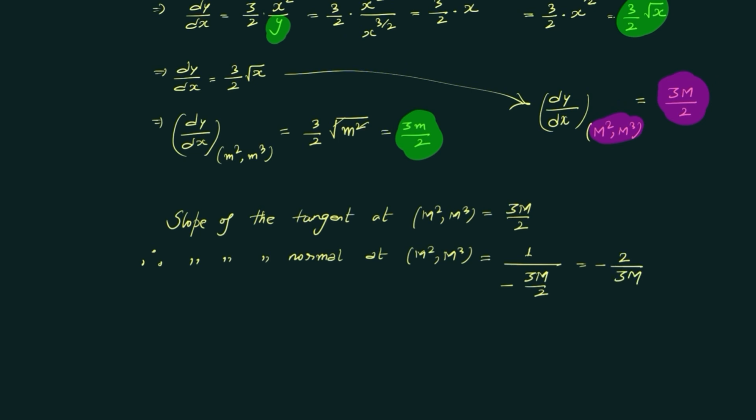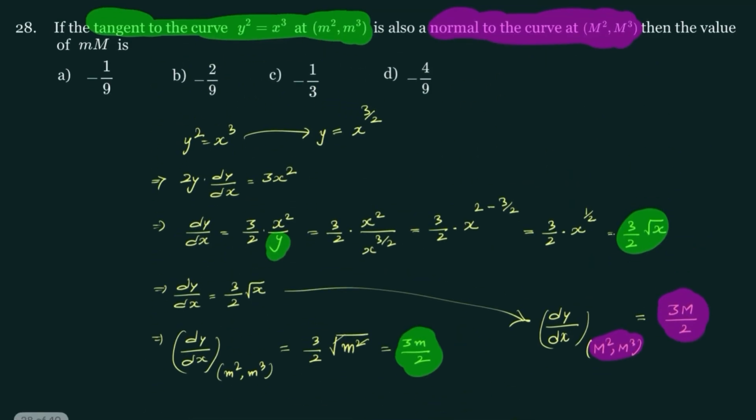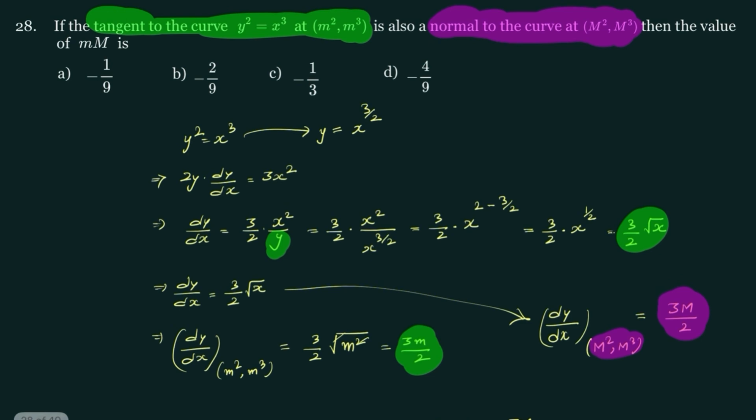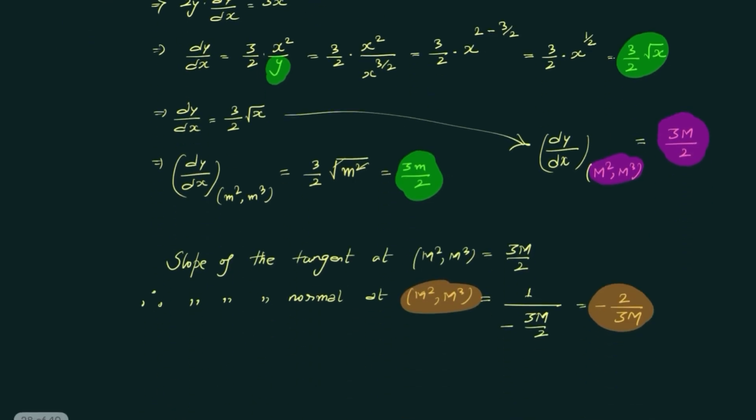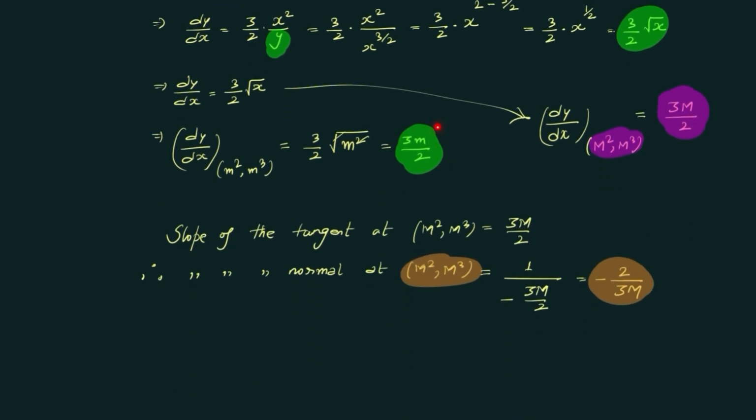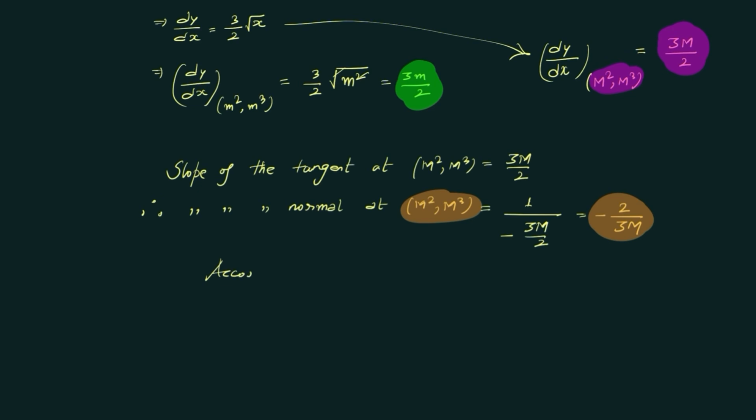Now see, this is the slope of the normal at this point, and the question is saying that the normal and the tangent at (m squared, m cubed) are the same. That means the value 3m by 2 and minus 2 by 3M should be equal. So according to the question, 3 small m by 2 equals minus 2 by 3 capital M.